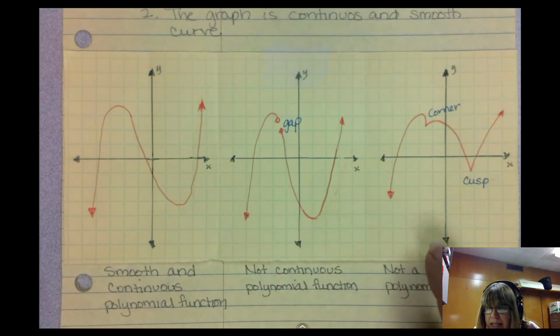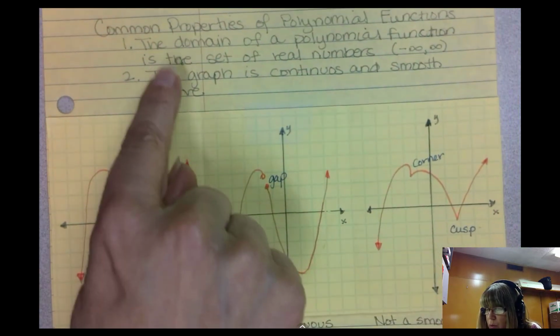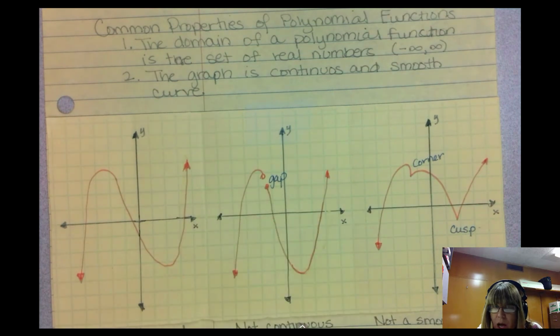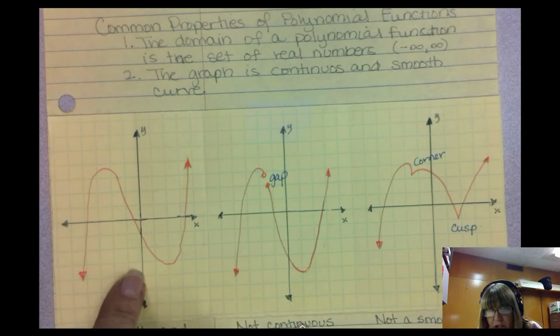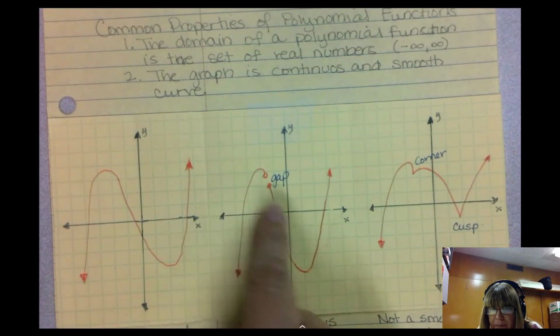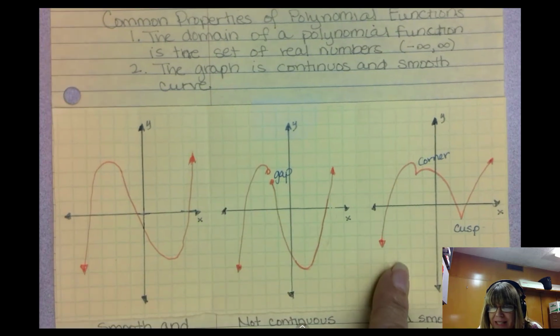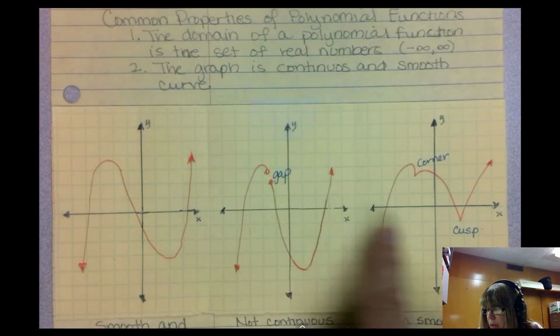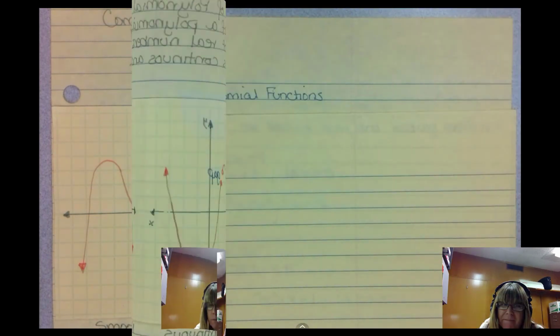The third one is not a smooth curve, and therefore, not a polynomial function. You must hit these two criteria for us to have a polynomial function. The domain must go from -infinity to +infinity, which this does. This does too, and well, with a small gap, this one does, but the problem is it's not continuous and smooth for these other two.